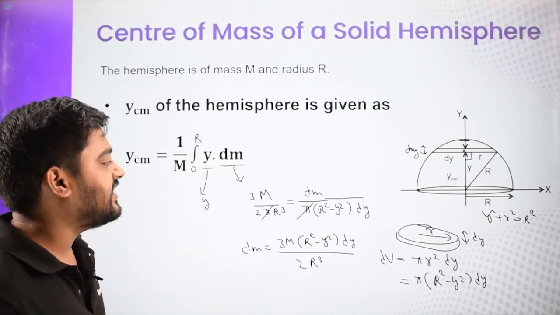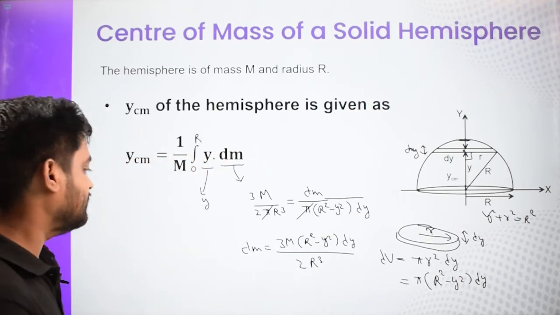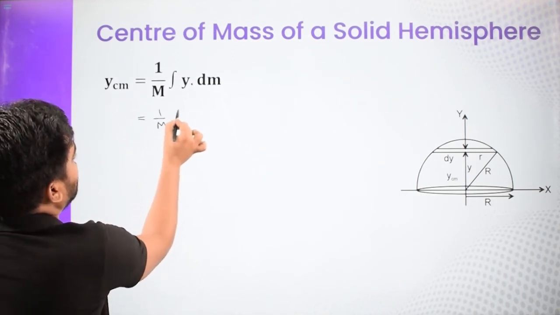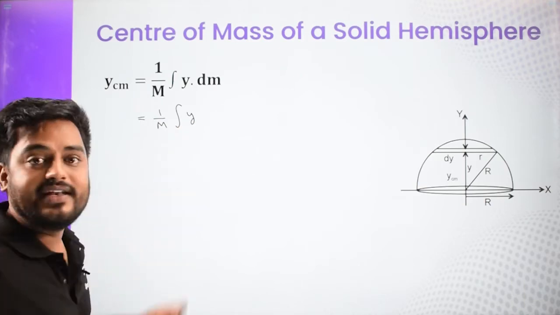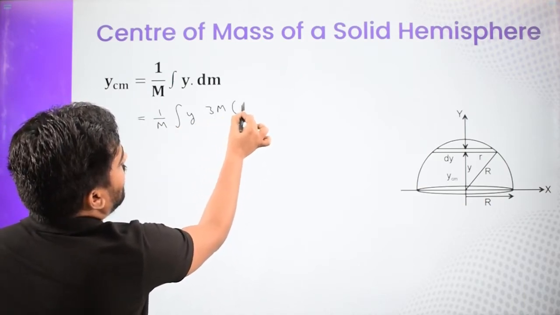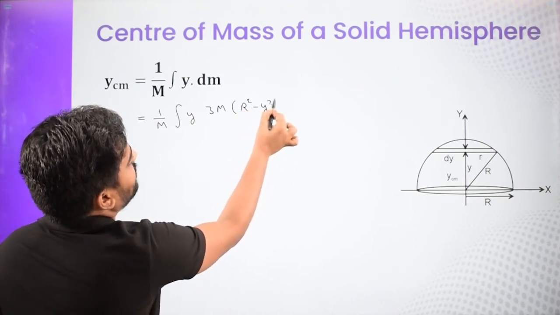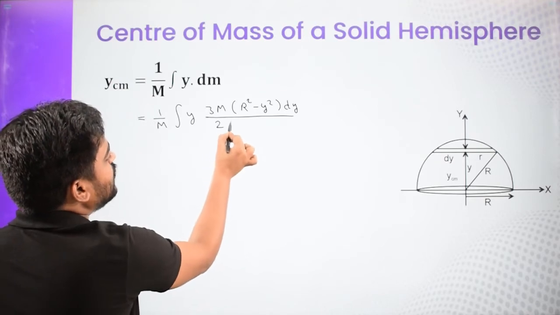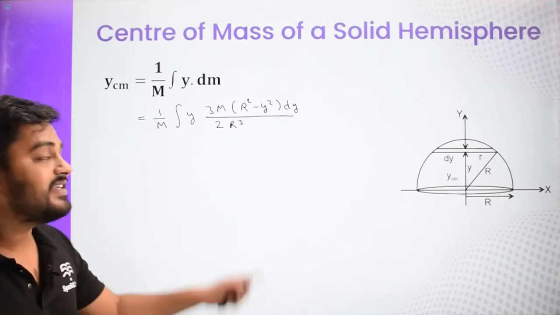So let us do this integration. This is 1 by M integration of y times dm. dm was 3M (R square minus y square) dy divided by 2R cube. Let us take the constants outside.